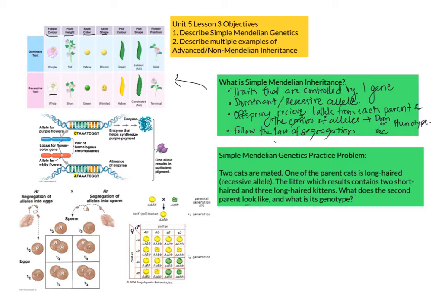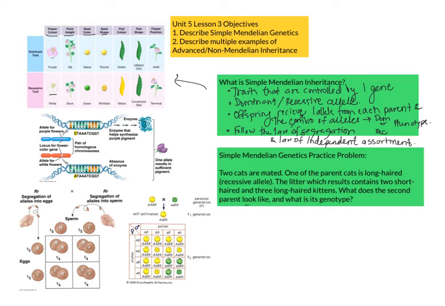It also follows the law of independent assortment, which means the inheritance of a particular allele for a trait does not impact the inheritance of an allele for a different trait. They're independent events.